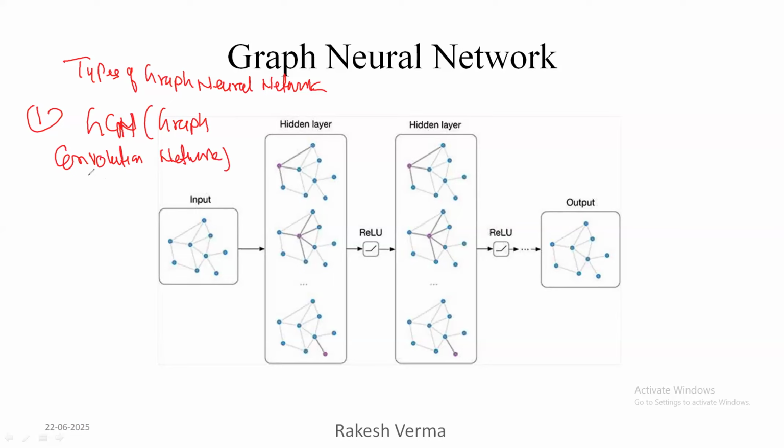When we use this particular type of network, when we have spectral data, or spatial data, then we can apply this spectral graph convolution.